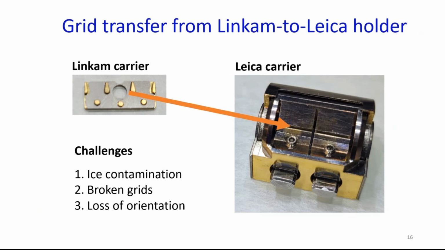You need to work as quickly as possible to transfer that grid into the slots in the Leica carrier, and every second equates to a potential glacier that might land on your precious samples. So you need to work very quickly, but you also need to work very carefully because you don't want to break your grid as you're going through this transfer process. And you'd also like to not lose your orientation. Not that you can't find it back, but it takes time if you've lost the orientation.